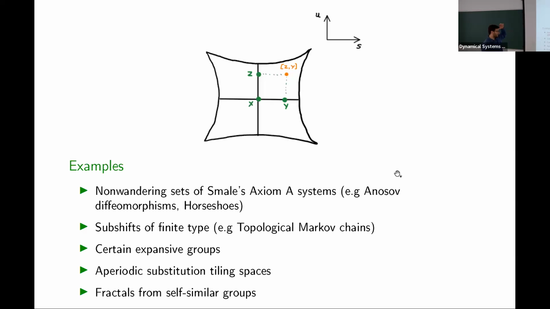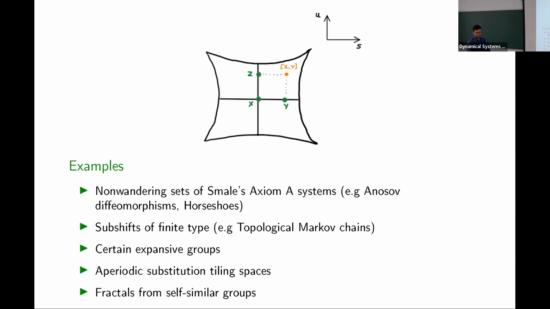Okay, so examples. Non-wandering sets of Axiom A systems. Subshifts of finite type. Groups with expansive automorphisms and some other property that gives you this local product structure. But when you're talking about groups, in the definition you had just one homeomorphism.